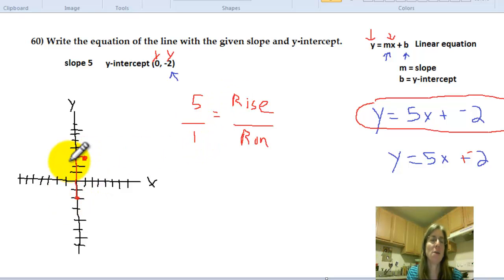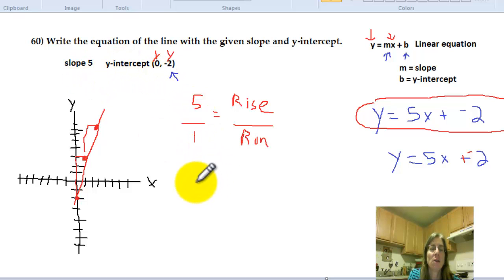Positive means the rise is up. Run means you walk to the right. And we can do it again. We can go 1, 2, 3, 4, 5, and over 1, and you have another point on the line. So that's how we would find points on the line just using a y-intercept and the slope.